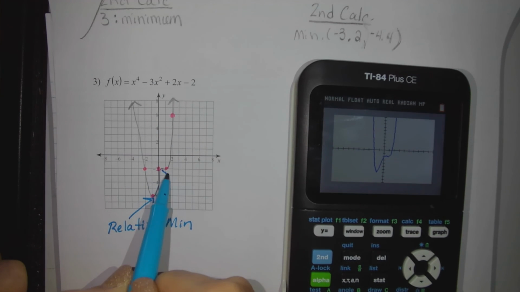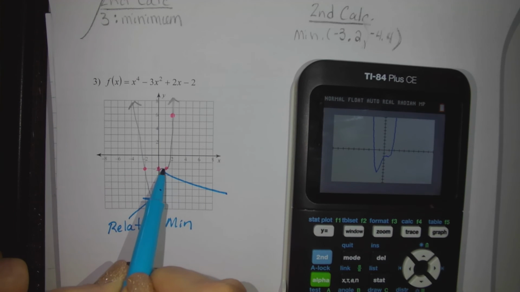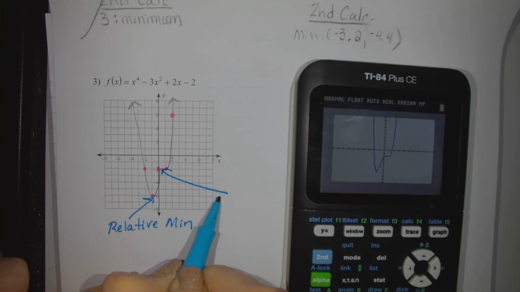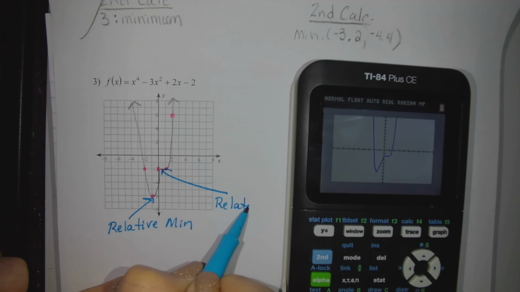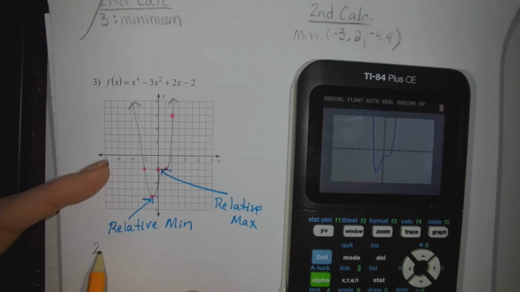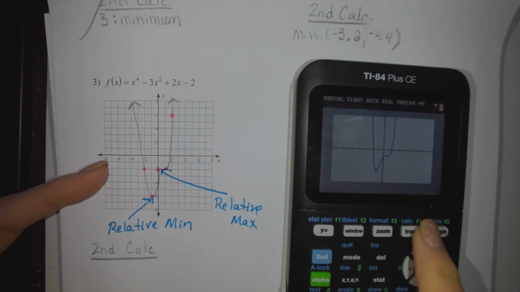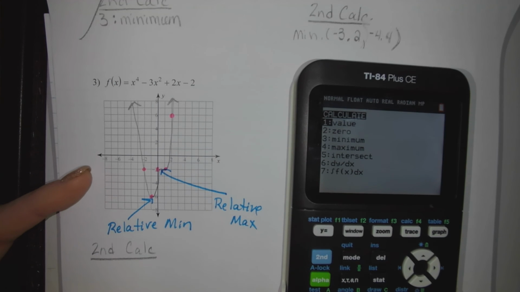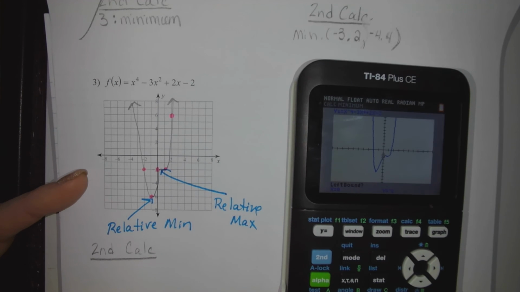And relative max is somewhere in there. All right, who remembers where to go to get those? Second calc, good.